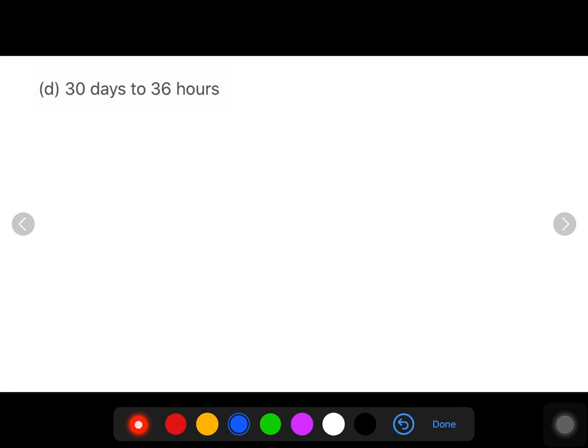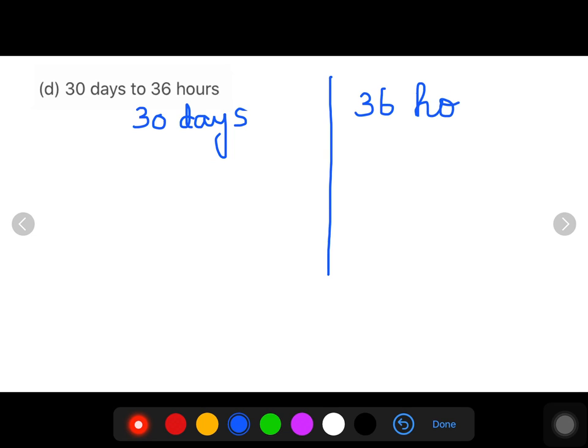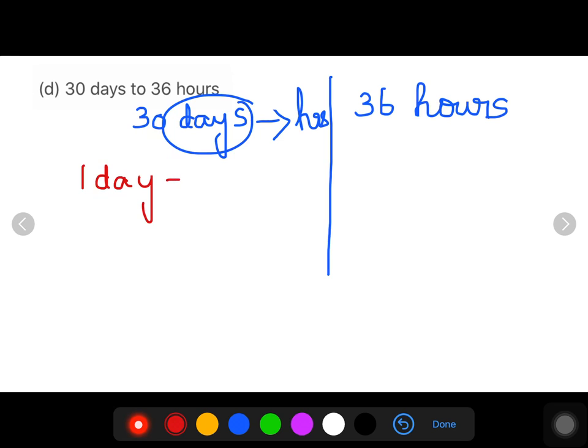Next, 30 days. The first quantity is 30 days and the second quantity is 36 hours. Again, from the bigger quantity we will convert to the smaller quantity, so days we will convert to hours. 1 day is equal to 24 hours.